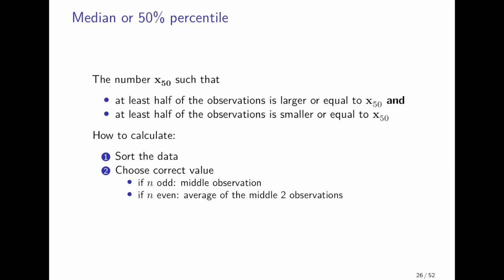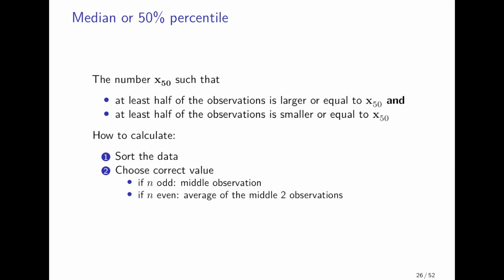So now, how do you compute the median? A very straightforward procedure. First step is you sort your data, and then the second step is you choose the middle value of that sorted data. There are two cases to consider.